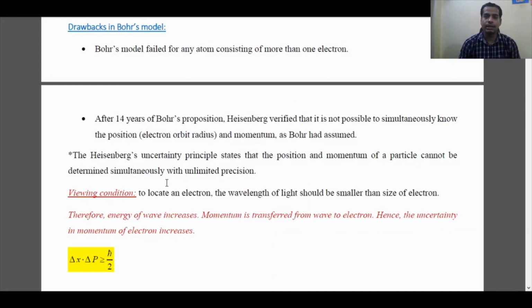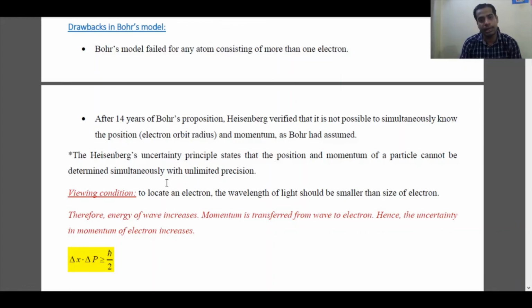When we project that light to see an electron, that light will have sufficient energy, and that energy will be transferred to the electron in form of momentum, and that electron will not be there.